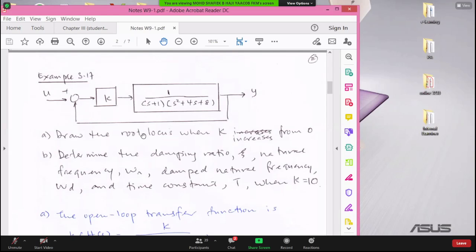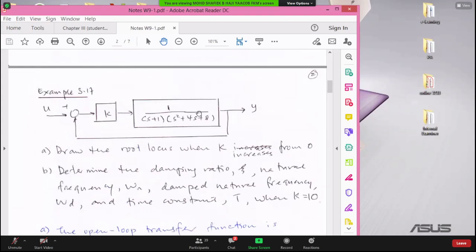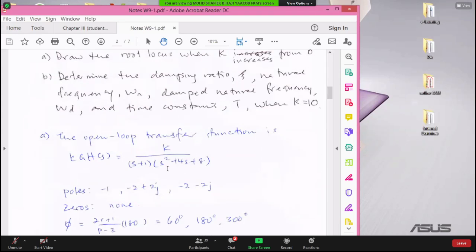No, you need to extract the open loop transfer function. That is the first mistake that some of you are going to make. So you are given this closed loop system. To draw the locus diagram, your first task is to get the open loop transfer function, which is just the loop gain. Okay, so this is now the open loop transfer function.